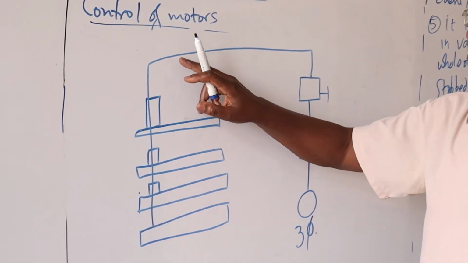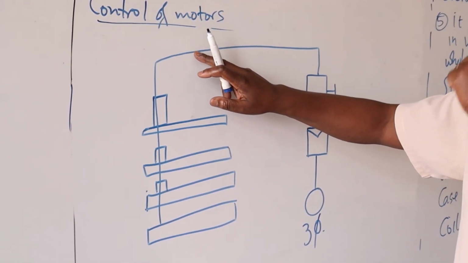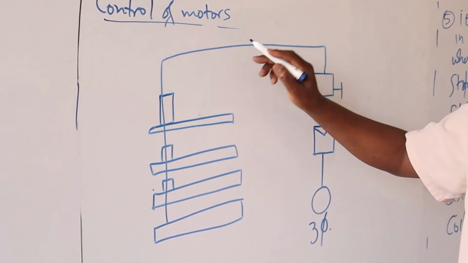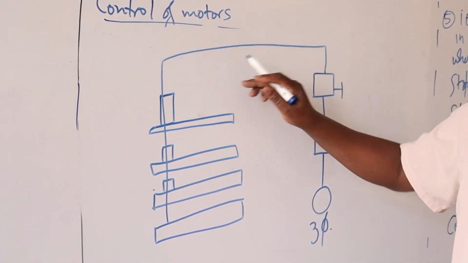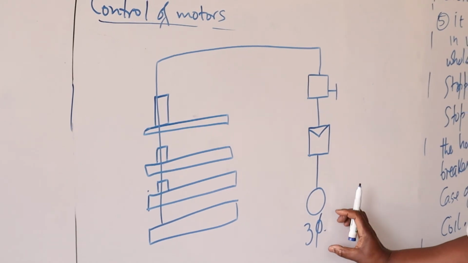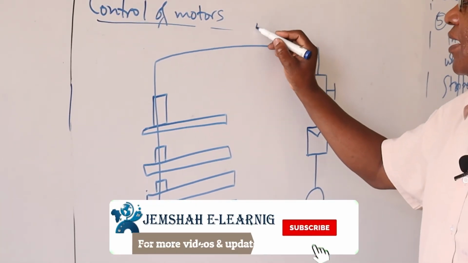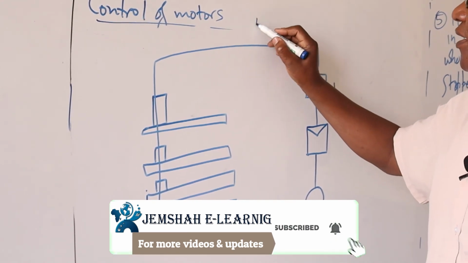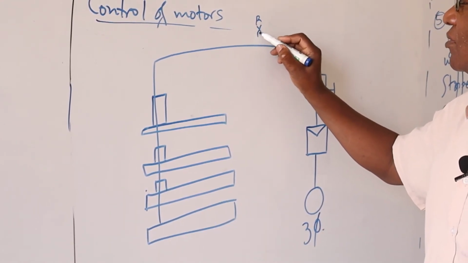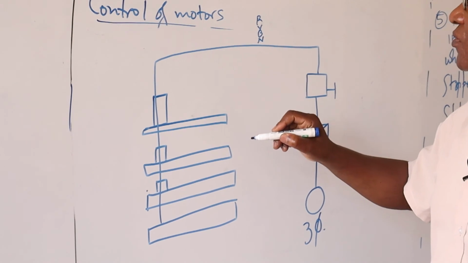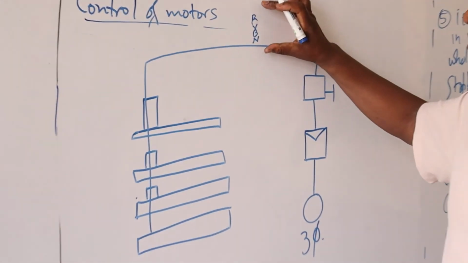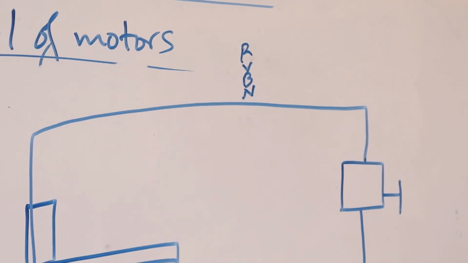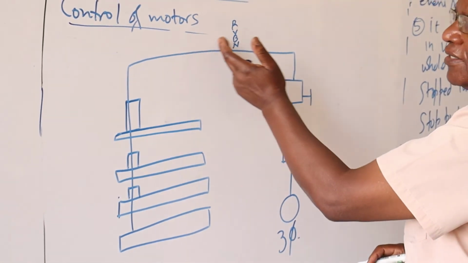Now, this is a single line diagram, but what we know is that in here, there are 4 conductors. Now in this case, this is a 3-phase motor, there is the live which comprises the red, yellow, blue, and there's also the neutral. So this will be 4 of them, or they can be 3, depending on the motor connections.